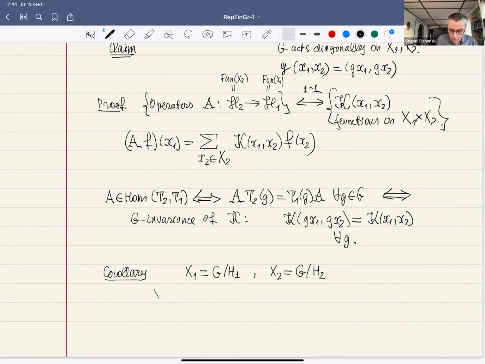Then we can identify this set with the space of double cosets.